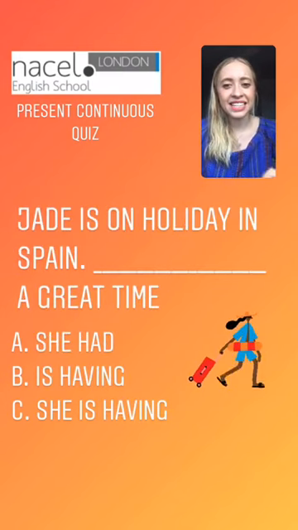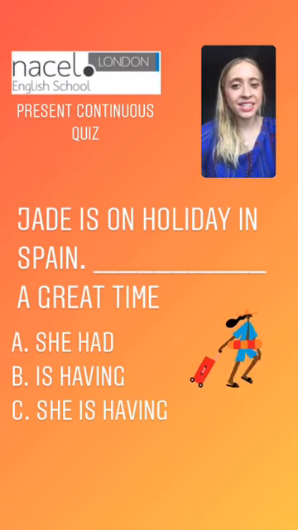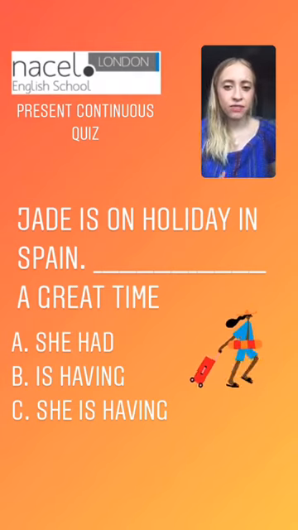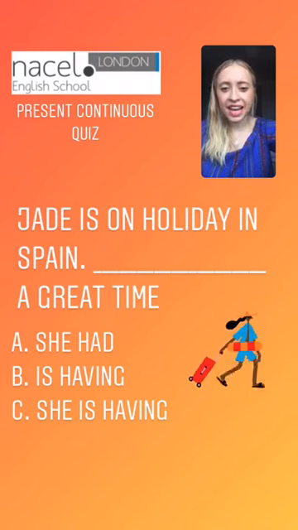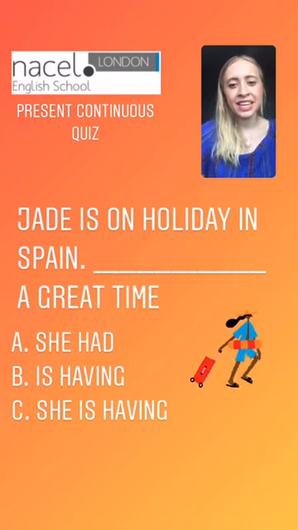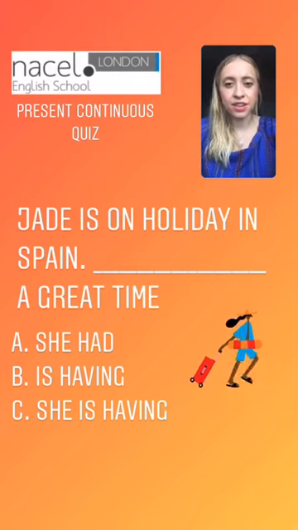The question is, Jade is on holiday in Spain. Blank, a great time. What's the missing information? A, she had. B, is having. Or C, she is having a great time?